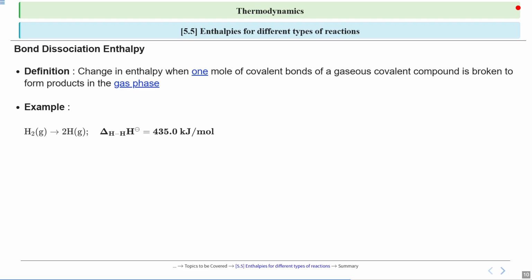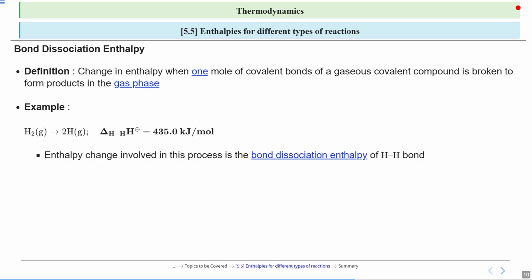In this case, we were breaking 1 mole of bond, and what we were getting was the hydrogen atom. Now you will say that isn't it similar to the atomization case? Yes. In this case, it is similar to the atomization. So for the diatomic molecule, the enthalpy change of the process is the bond dissociation enthalpy of the H-H bond, and it is equal to the atomization of dihydrogen.